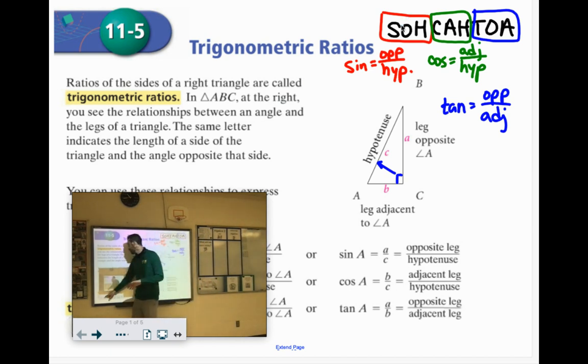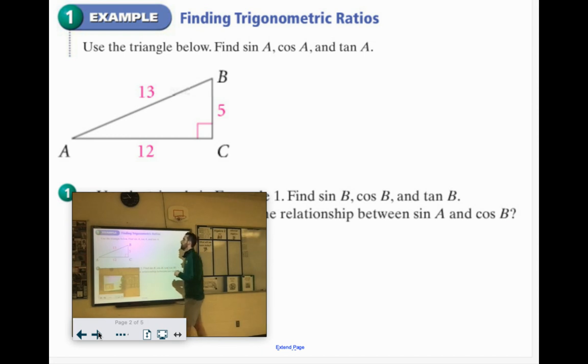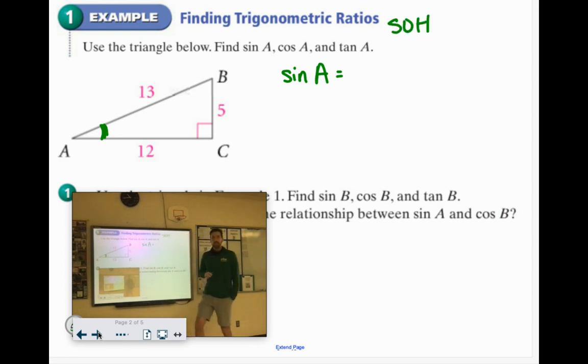So let's try out some of these problems. Use the triangle below, find sine of A, cosine of A, and tangent of A. So we're looking at angle A over here. If we're doing the sine of A, I know that sine, according to SO, is the opposite side over the hypotenuse.